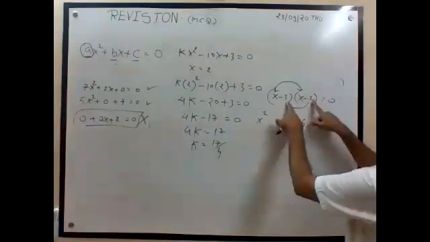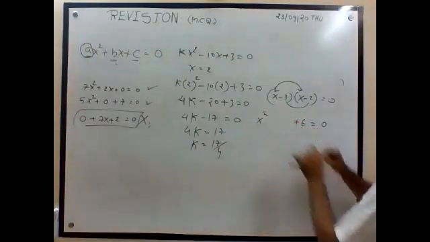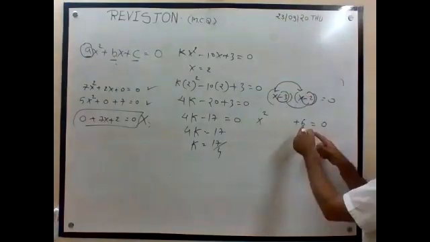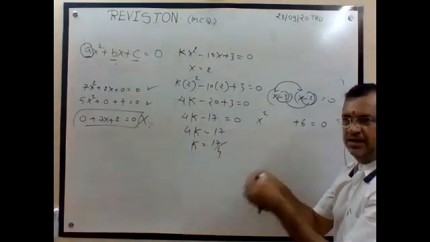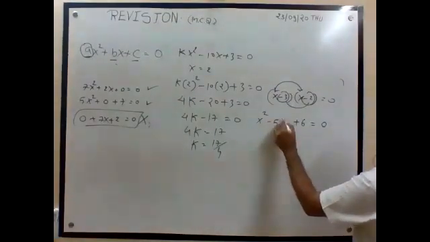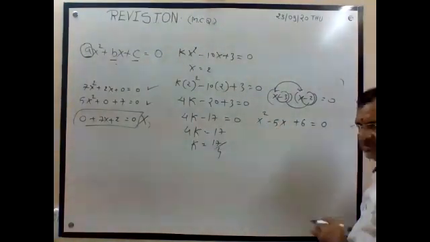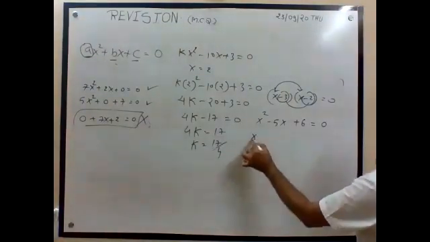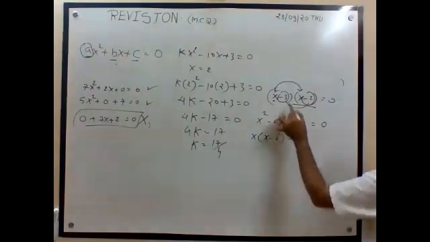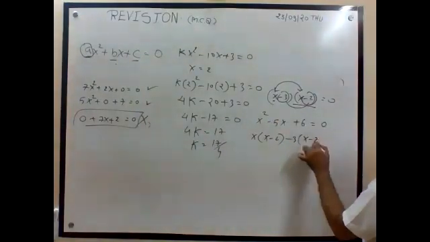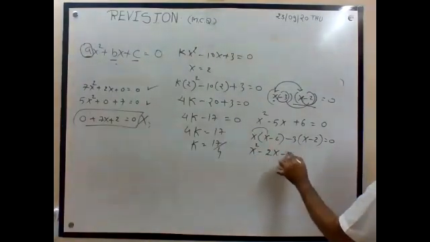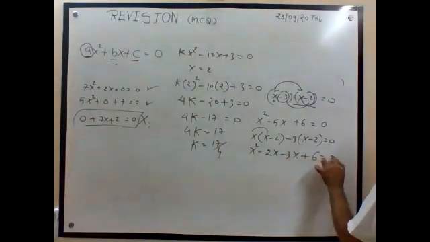Not the product but the total: minus 2 minus 3, that is minus 5x. This is one method. Second method: x minus 2 into x minus 3, which gives x square minus 2x minus 3x plus 6.